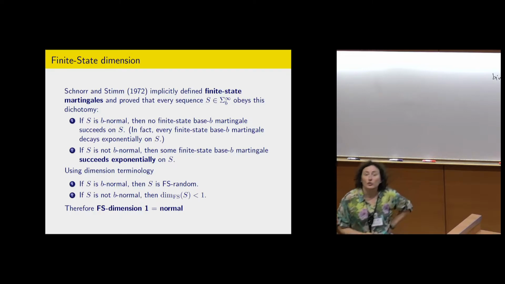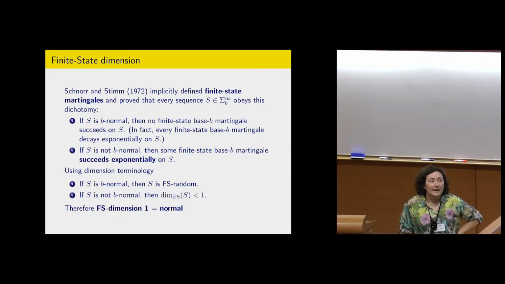Somehow, if I wanted to just use this finite-state dimension or randomness concept, I would have to deal with all the finite-state devices. So the first thing I need is some sort of universal object in order to deal with them all together. I already mentioned that yesterday. The Lempel-Ziv algorithm kind of serves this purpose.